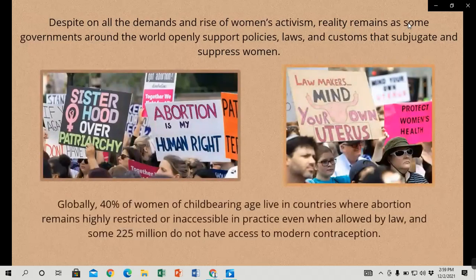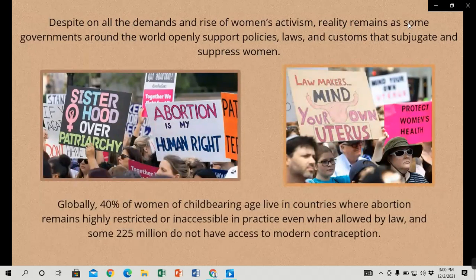So globally, 40% of women of childbearing age live in countries where abortion remains highly restricted or inaccessible in practice, even when allowed by law, and some 225 million do not have access to modern contraception. Some countries are conservative. That's the word, conservative, especially here in the Philippines.